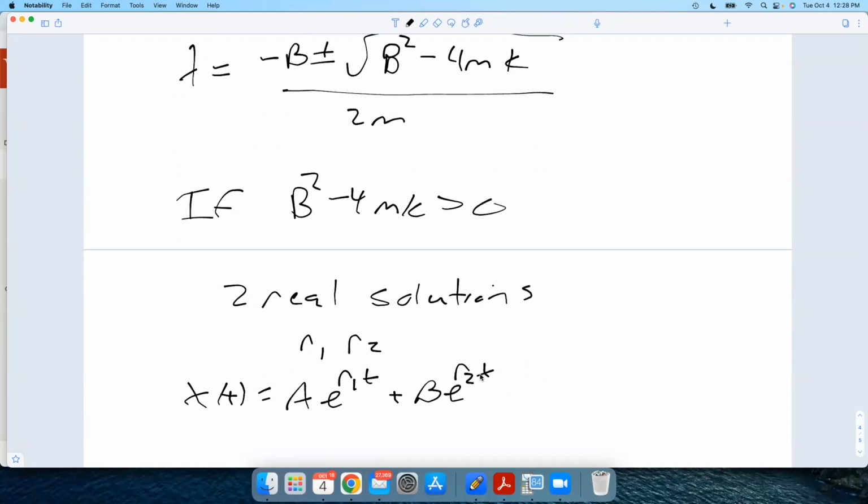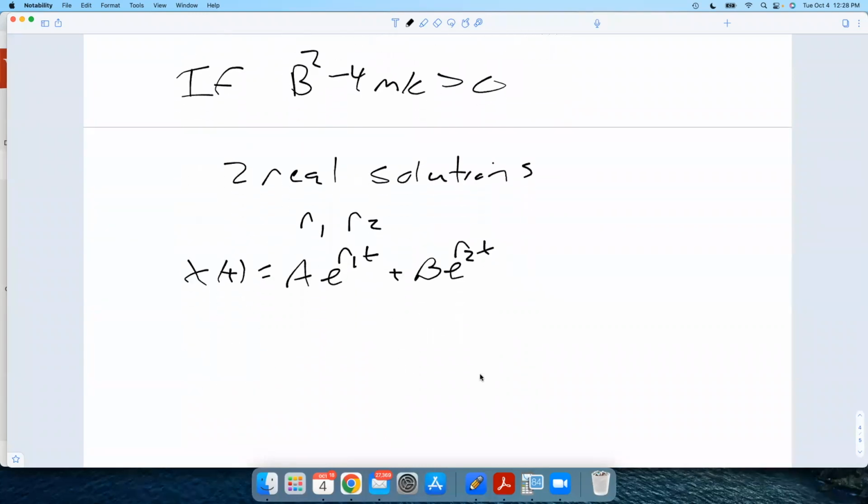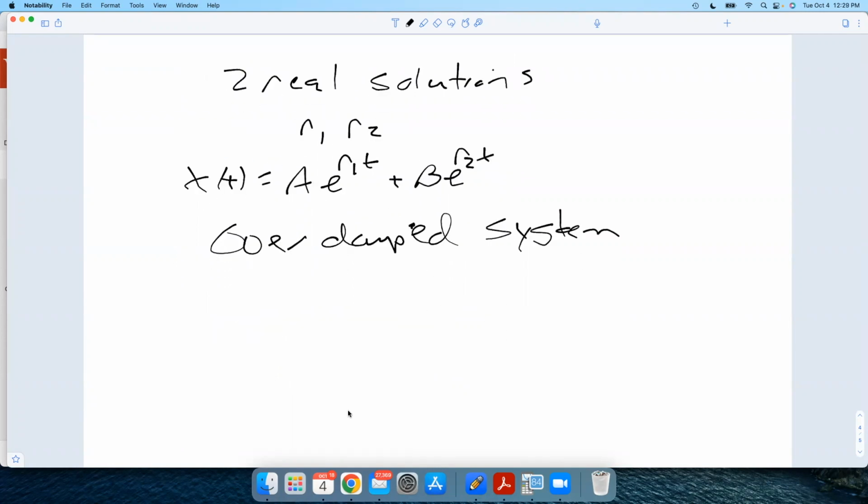At least one of these is always going to be negative, always. And in fact, the dominant one is going to be negative. And we get what's called an overdamped system. Overdamped meaning you get too much friction.